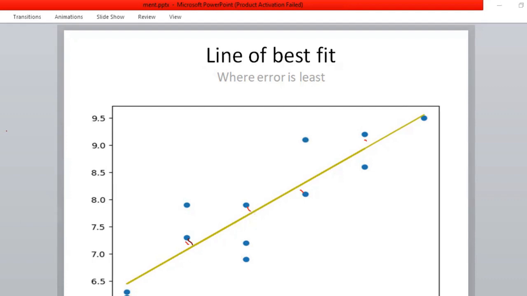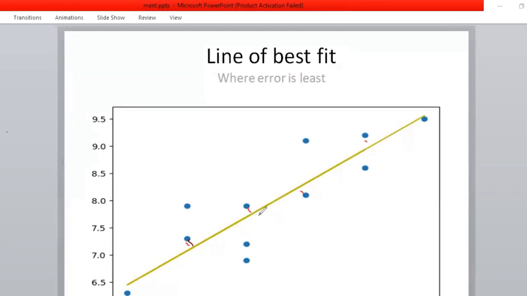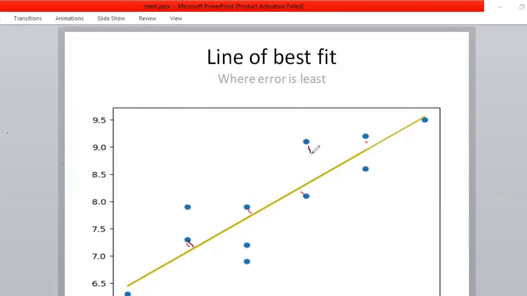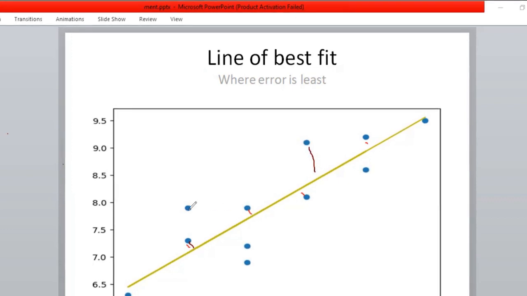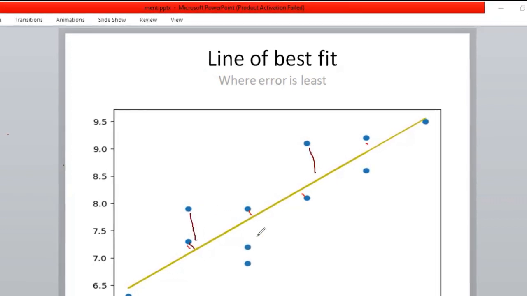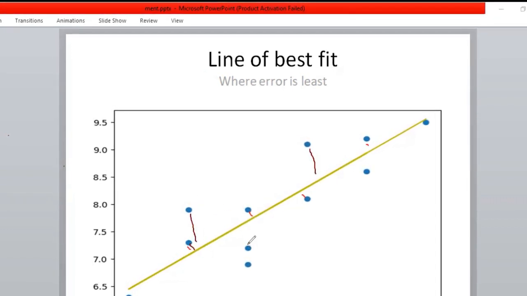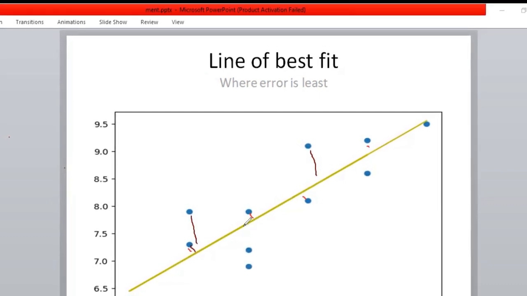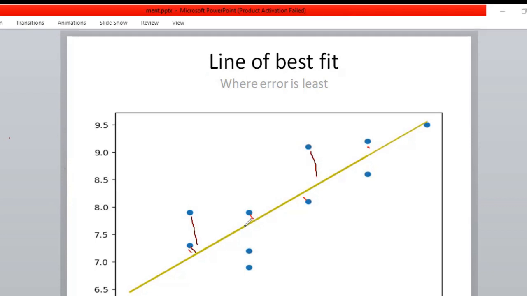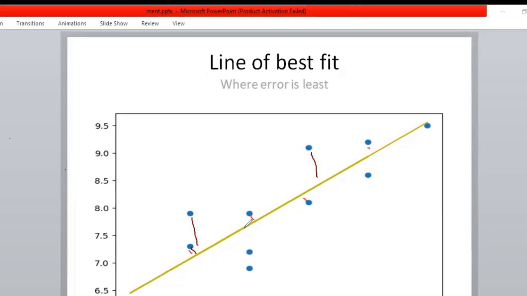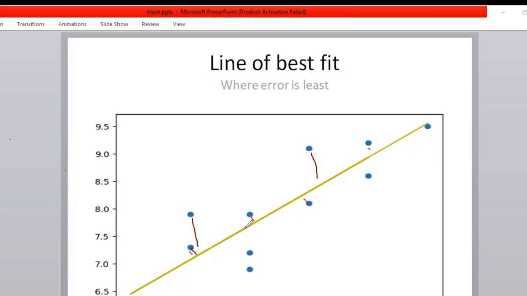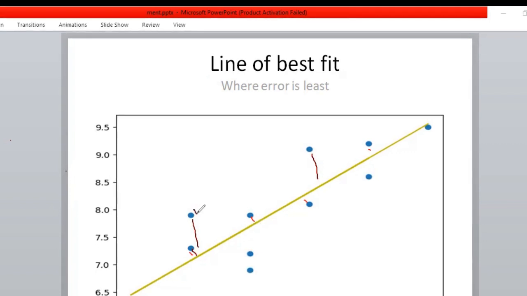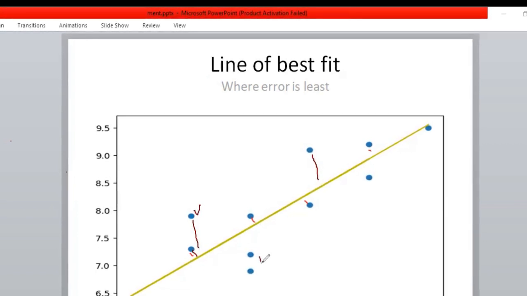Okay, now I will show you the distance. This is how the distance is calculated. The distance is calculated with the formula that I showed you, for calculating the distance between two points in a 2D plane.